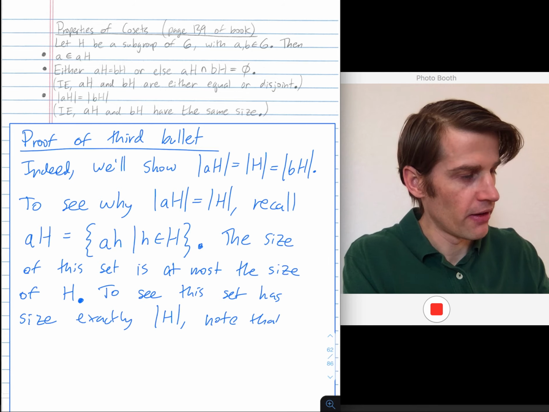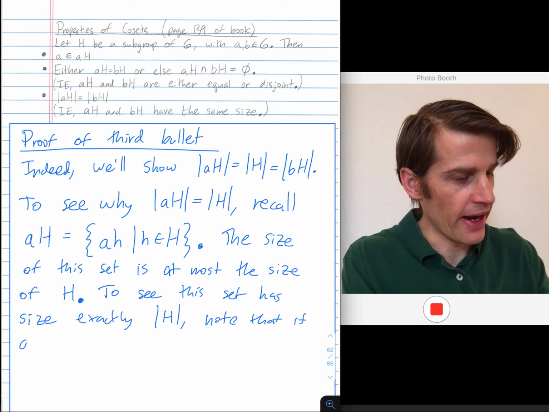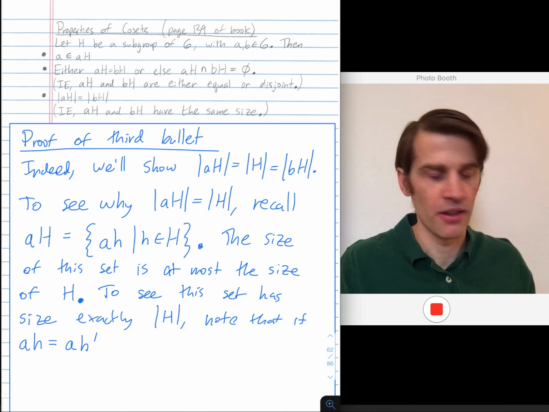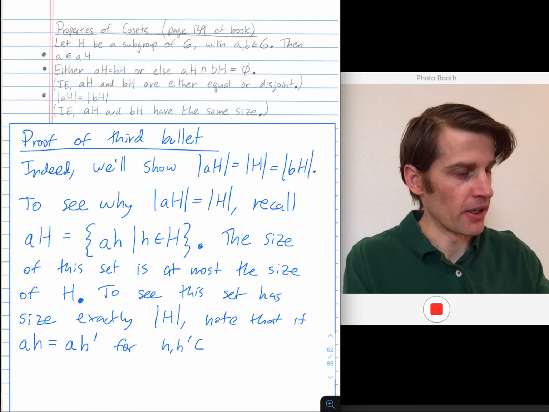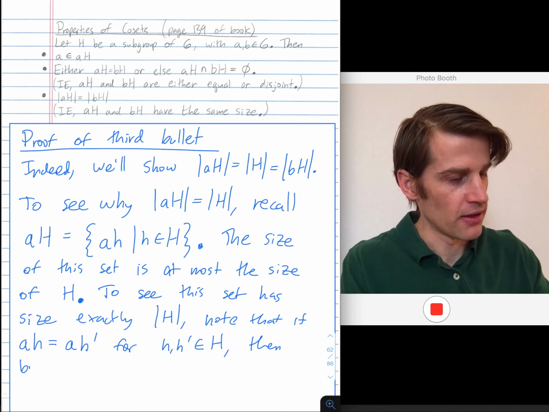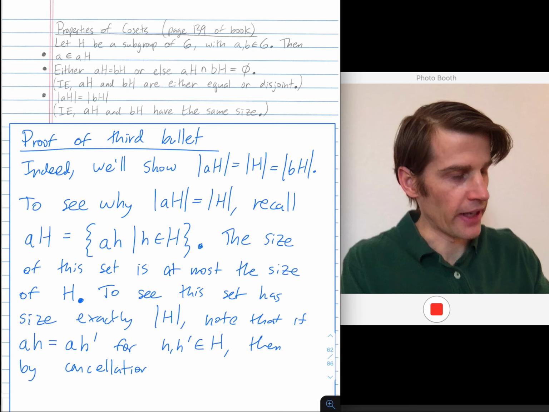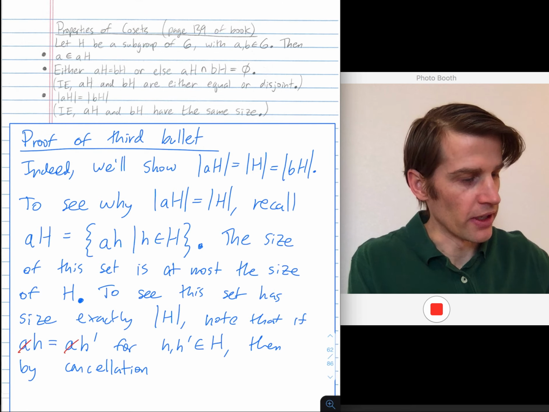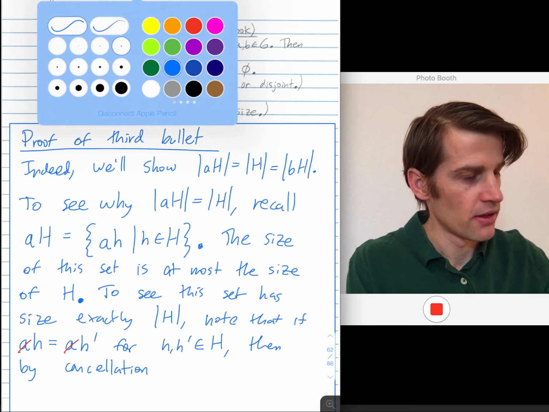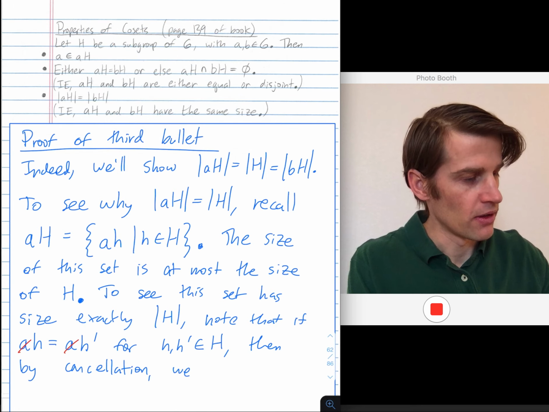note that if A times little h were equal to A times h prime, for h and h prime in my subgroup capital H, then by cancellation, cancellation allows me to cancel here. We get h equals h prime.